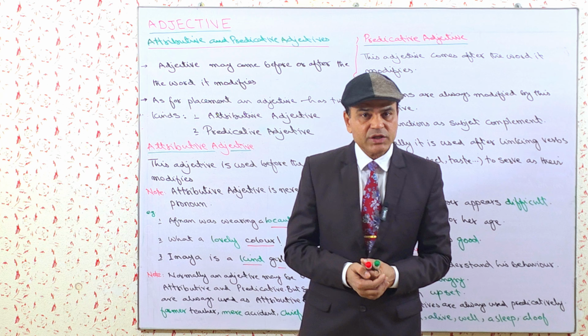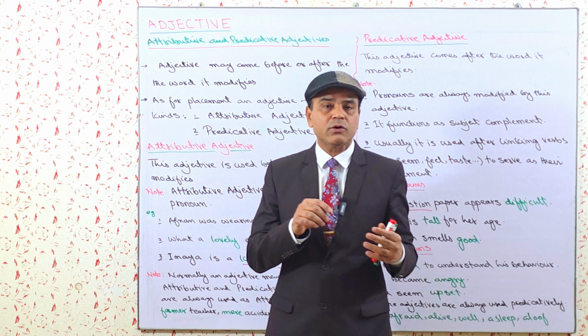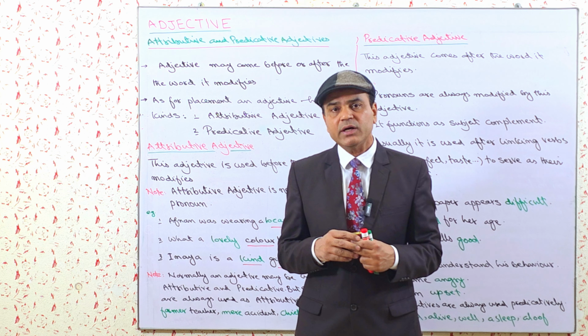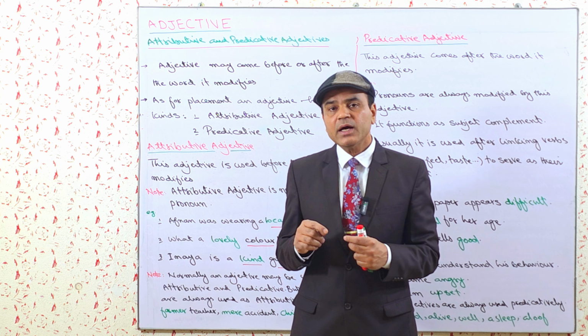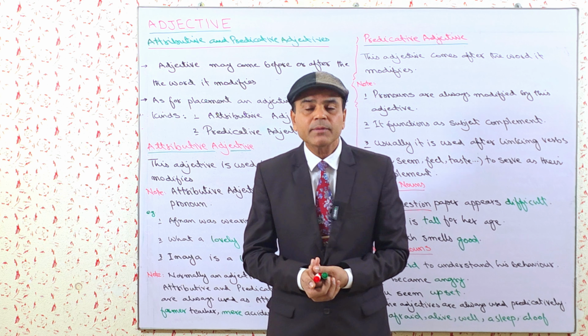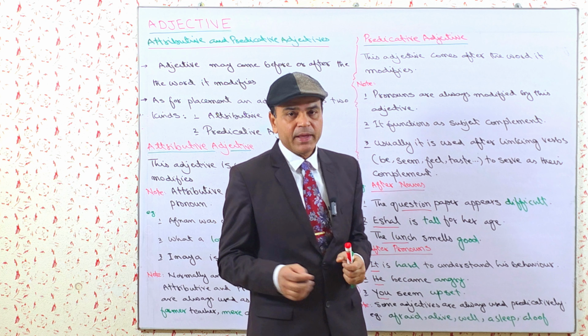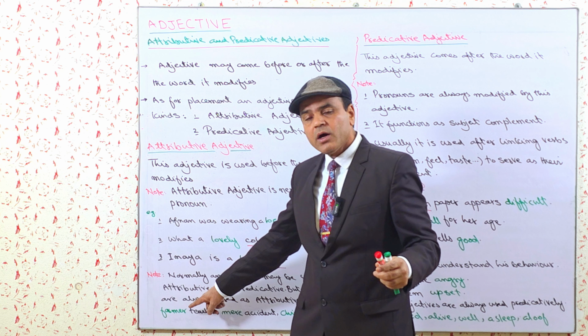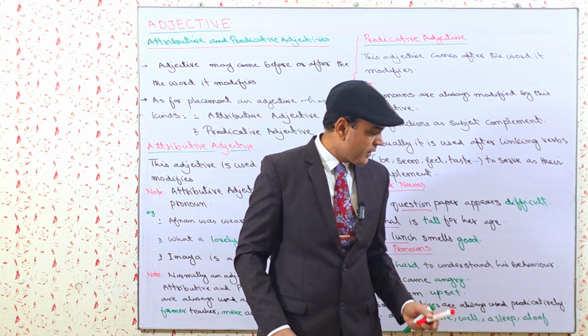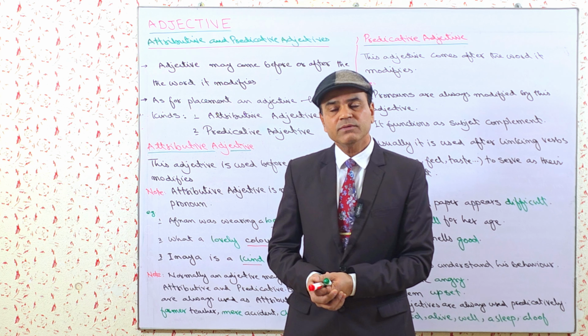And predicative adjective is the adjective that is used after the word it qualifies. Here I am using the word deliberately, because the word may be a noun or pronoun, because pronouns may also be qualified by the predicative adjective. And some adjectives are always used as attributive and some are always used as predicative.